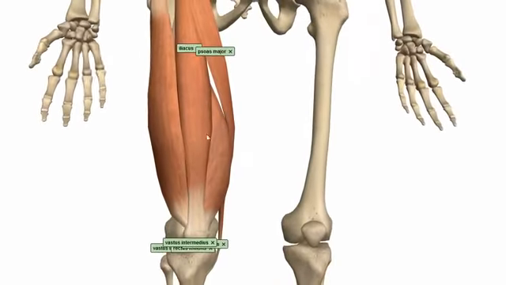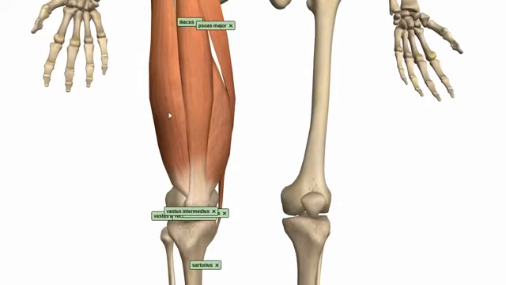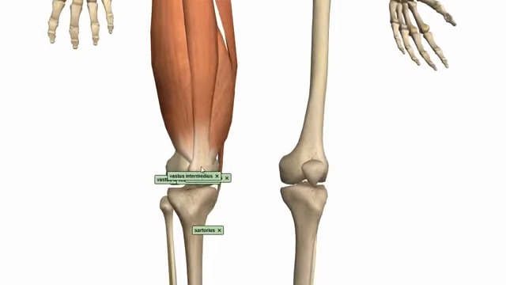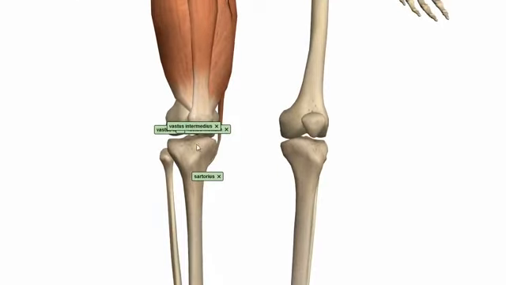The rectus femoris, along with the vastus muscles, inserts via the quadriceps tendon onto the patella bone, and the patella then inserts onto the tibia via the patellar ligament. Muscle is attached to bone by tendons, and bone is attached to bone by ligaments.